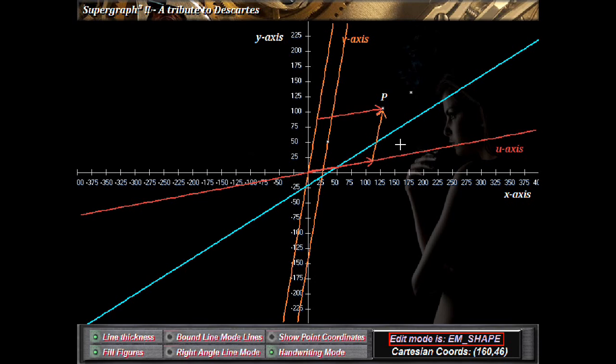To prove it with 100% certainty, I could make a formula that would tell me what u is as a function of v on this line, because I know its formula in this coordinate system, and I can transform it.